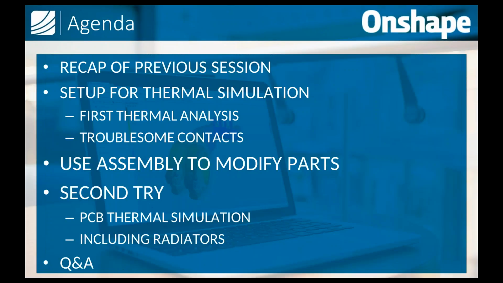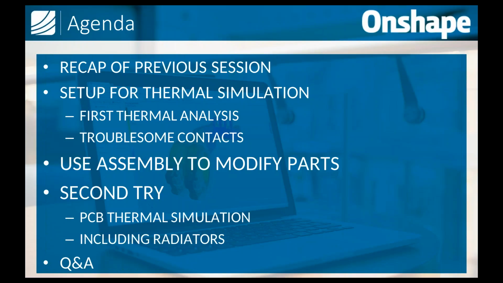A short agenda for today. At the beginning, we'll have a recap of the previous session, and further, we'll move to the crux of today's topic, that is the setup of thermal simulations and first thermal analysis on the geometries that we prepared last time.